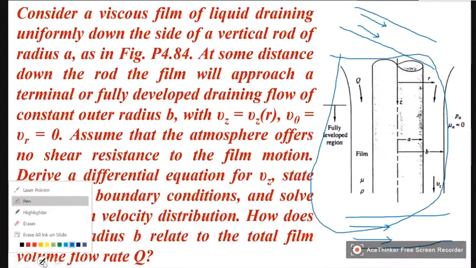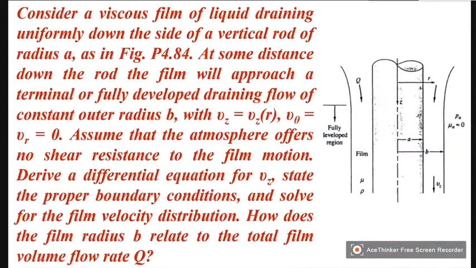Now look at this problem. I will read the problem, then we will see. Consider a viscous film of liquid draining uniformly down the side of a vertical rod of radius R A. So this is a vertical rod.